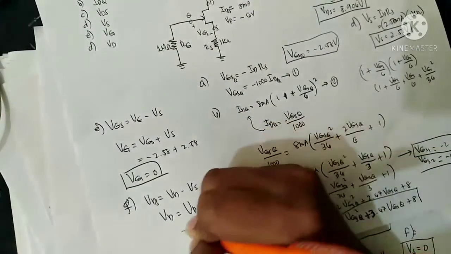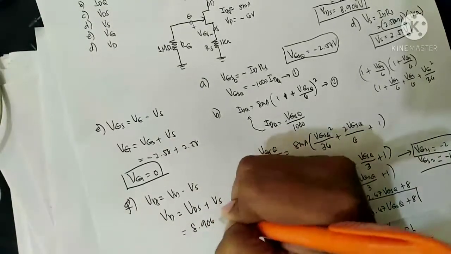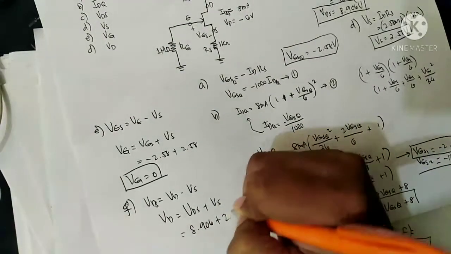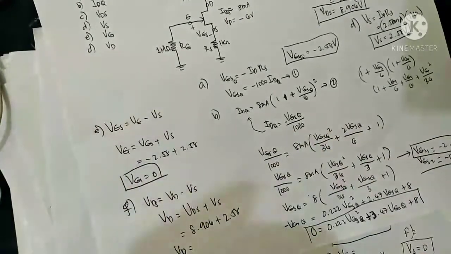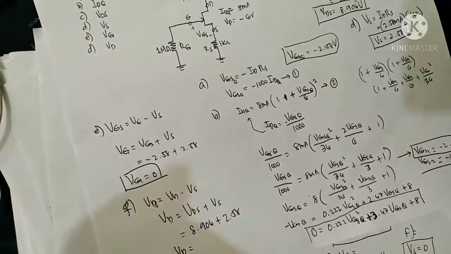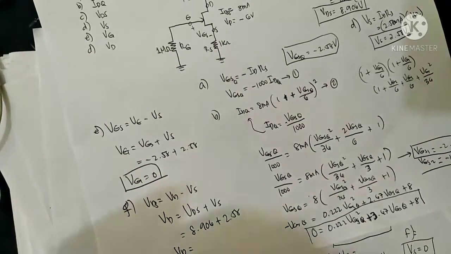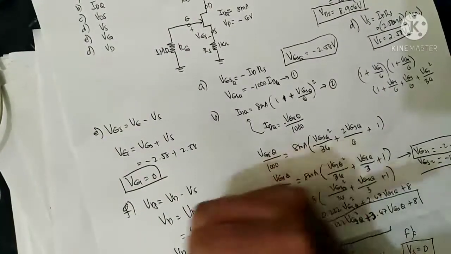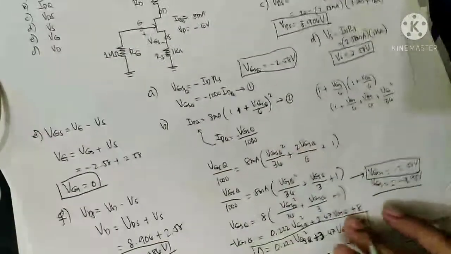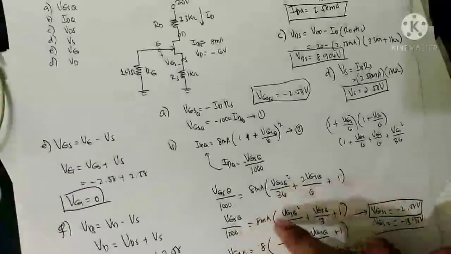How about VS? VS is equal to ID times RS. So this is 2.58 milliamps times 1k. So VS is equal to 2.58 volts. How about VG?